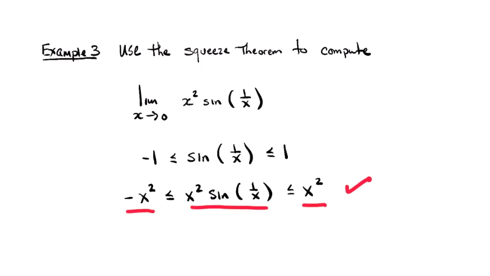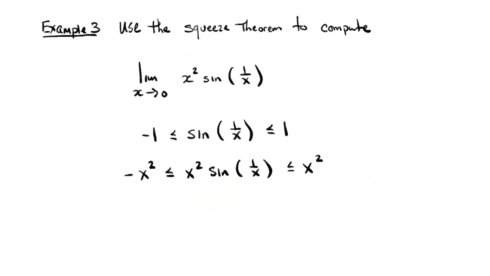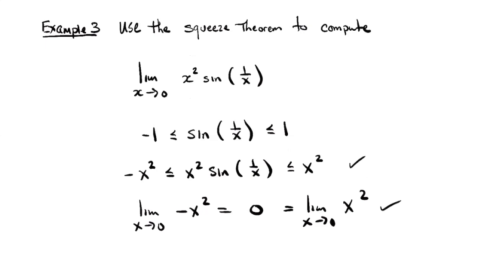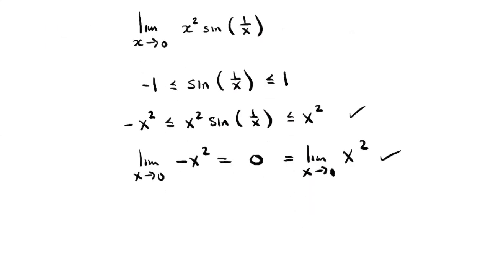And the inequalities are satisfied. Moreover, if we take the limit as x approaches 0 of minus x squared, or the limit as x approaches 0 of x squared, we get 0 in both cases. So our function g is bounded between two functions that have the same limit at 0. So the squeeze theorem says that g has that limit.